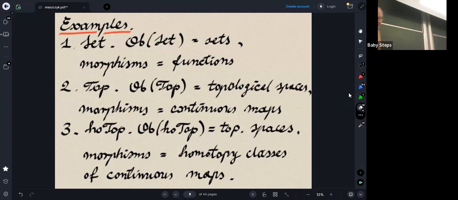Third, strictly related to the second one, is the category of topological spaces, but instead of taking continuous maps between them, we can consider homotopy classes of continuous maps. And it turns out that the composition of these classes is also well defined and satisfies all axioms of category.